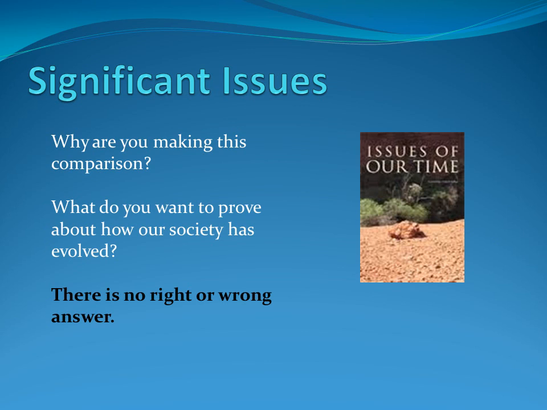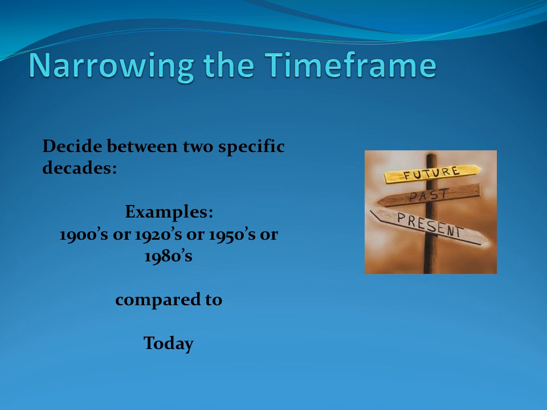You have to ask yourself, why are you making this comparison? What do you want to prove about how our society has evolved over time? Now, there is no right or wrong answer. You do have to decide between two specific decades, the 1900s or 1920s or 1950s or 1980s compared to today.